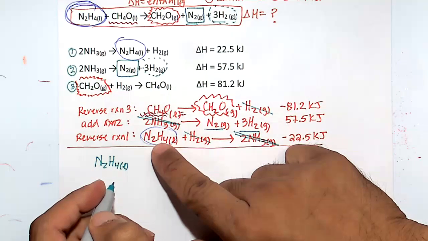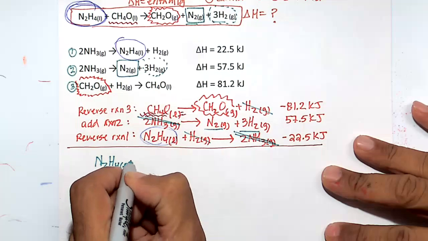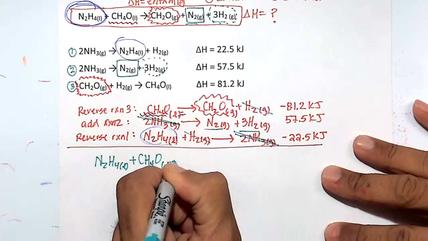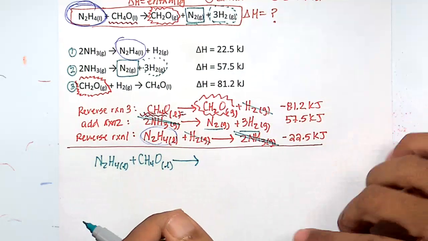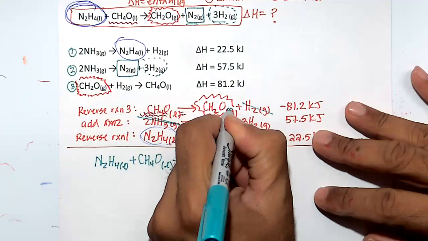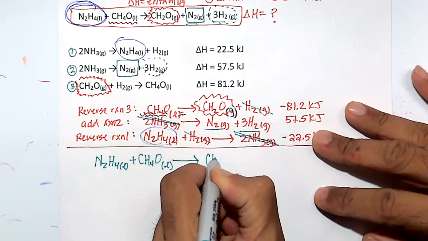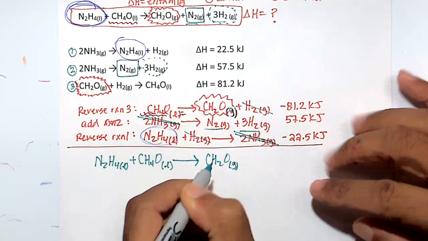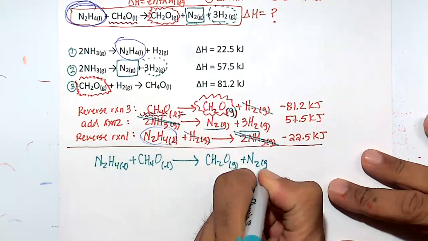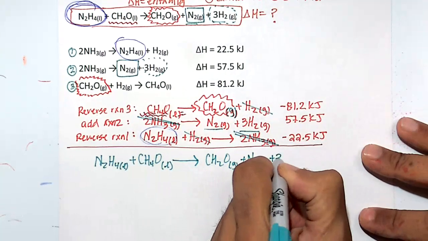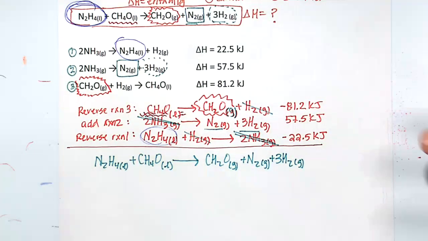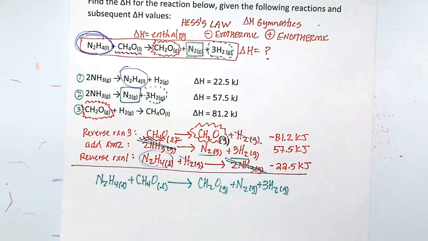So I have N2H4 liquid plus CH4O, plus CH2O gas, plus N2 gas. Everyone see this? Plus 3H2 gas. Okay, I got my target.